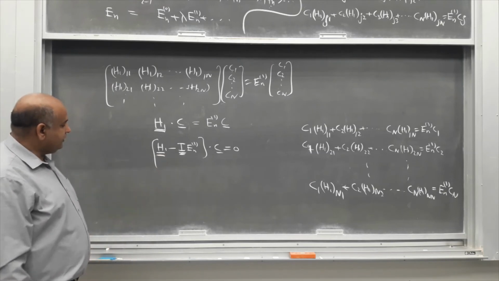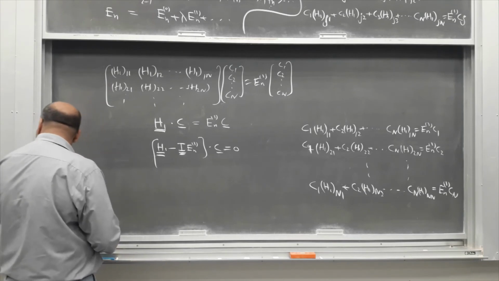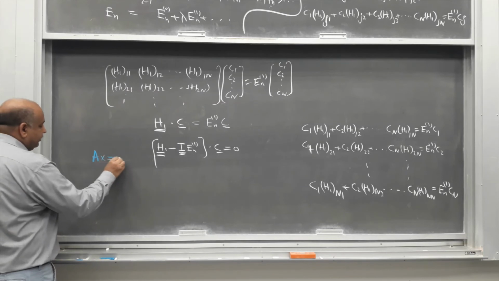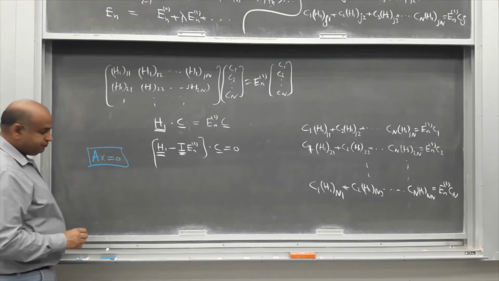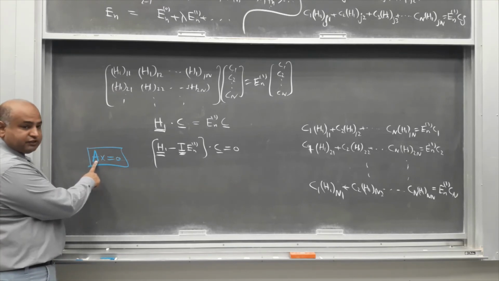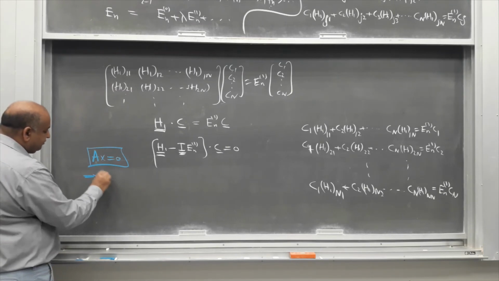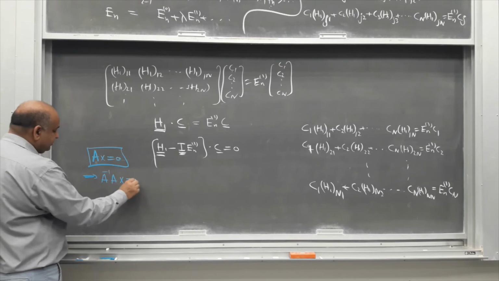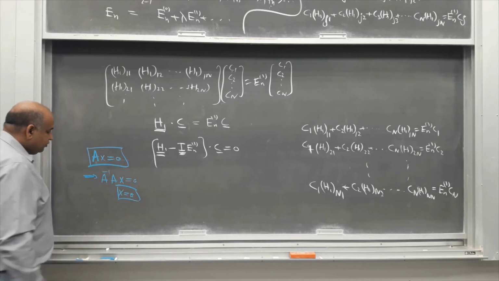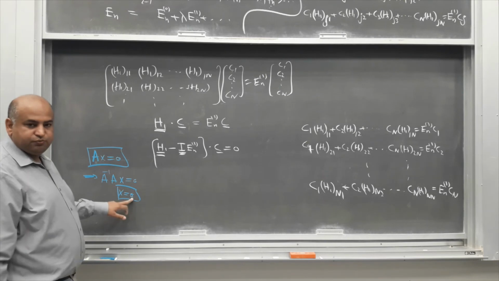You might have seen in linear algebra that if you have an equation like Ax equal to 0, and A is non-singular, it means its inverse exists. So I can multiply with A inverse from both sides, and this is identity, which means x is equal to 0. So if A's inverse exists, the only solution is x equal to 0.